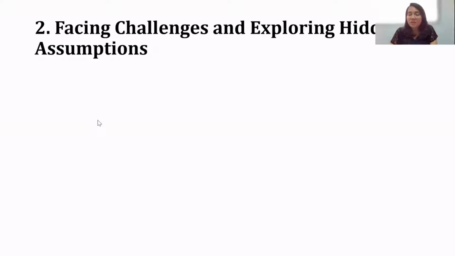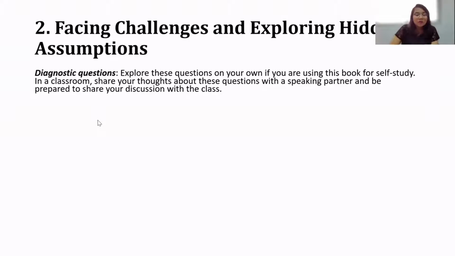It's actually not necessary for you to write down your answers, although it's recommended. But if you think you can manage doing this diagnostic test by remembering the answers in your head, that's okay too. So let's see the instruction for this part. Explore these questions on your own if you're using this book for self-study.